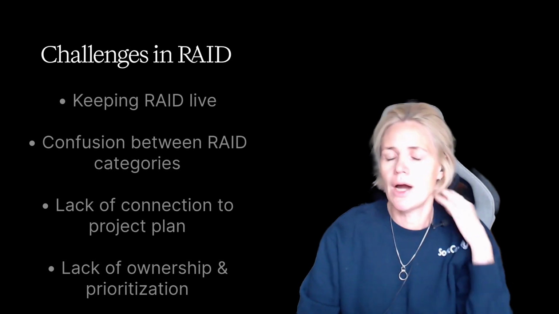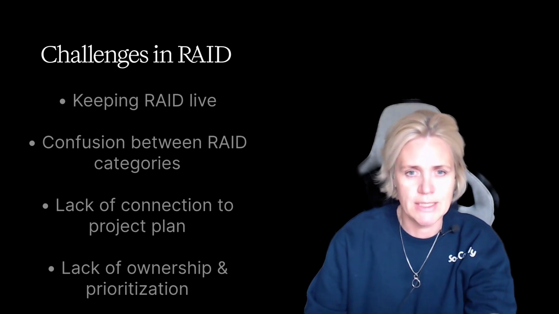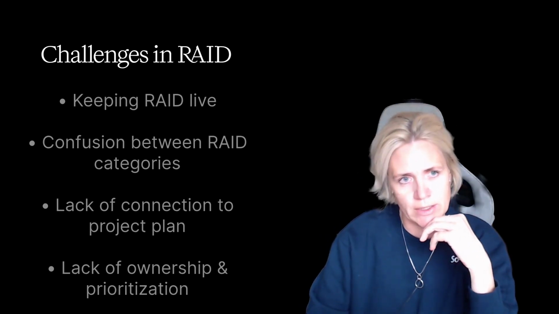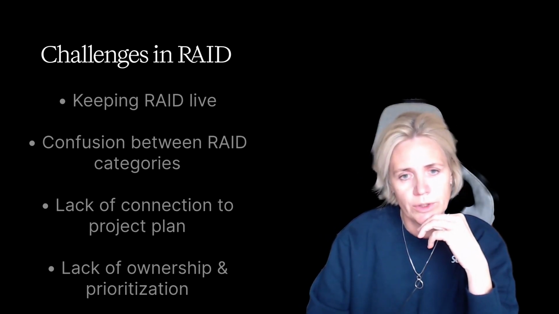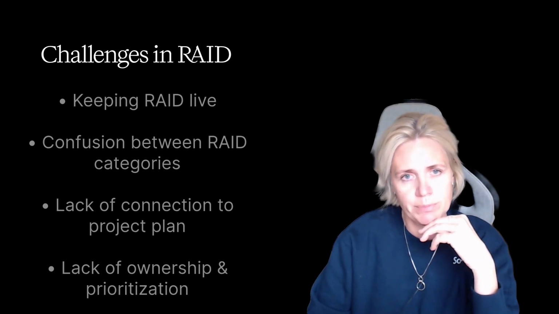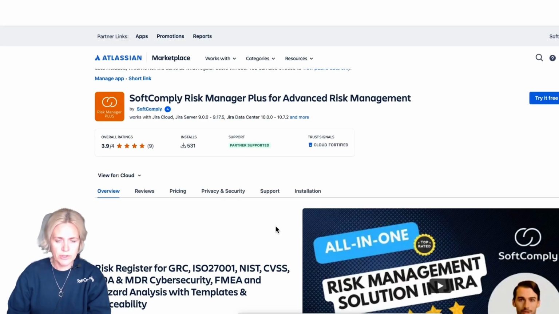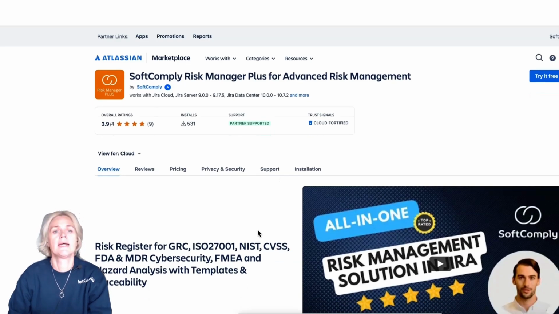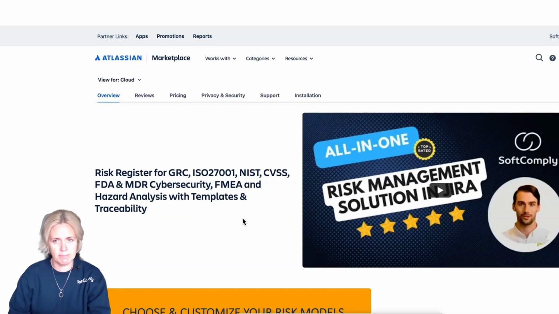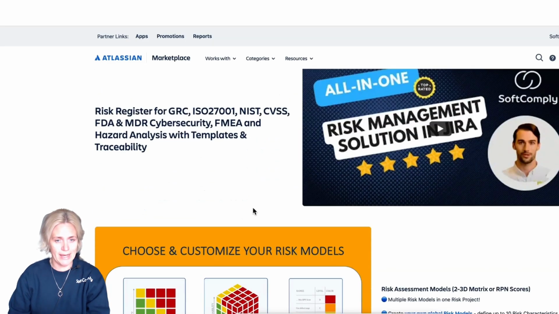So let's see how we can deal with these challenges while we work inside Jira, and how you can work with the Risk Manager Plus app in Jira to conduct RAID. When you as a project manager want to manage your project risks, you can go and check out the SoftComply Risk Manager Plus app, which is one of the most configurable and advanced apps on Jira Cloud today.